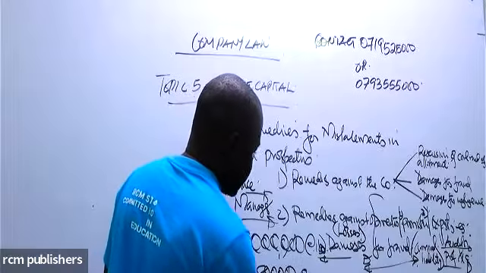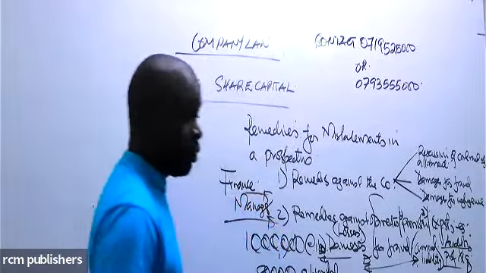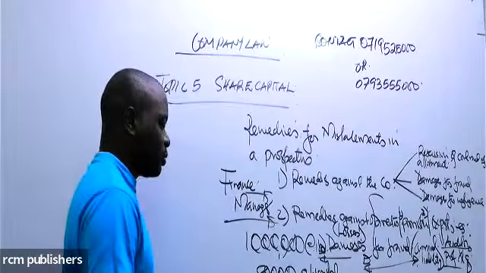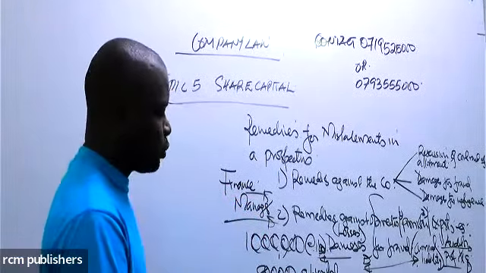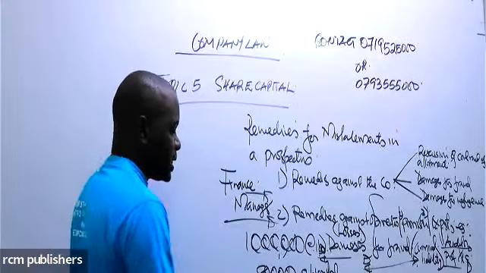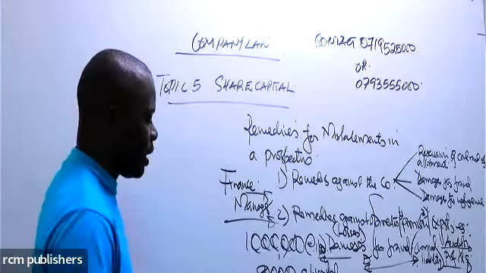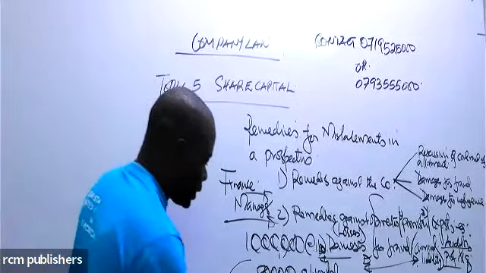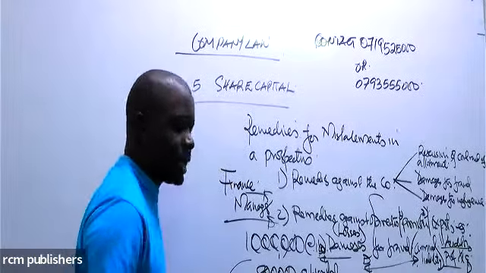You can see the intention of the company was to raise share capital of a million shares of 100 each, but they have only been able to get a subscription of up to 800,000. So it simply means there's a gap of 200,000. So the company wouldn't have been able to hit or realize its targets.